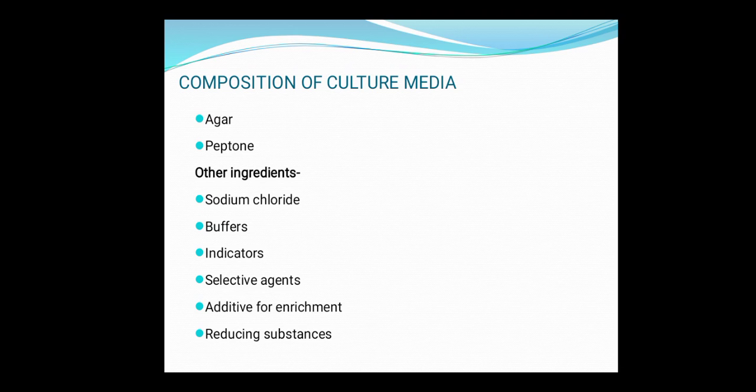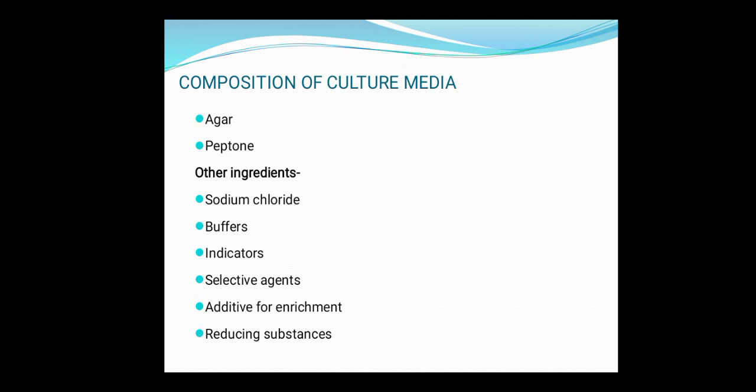This agar has a unique property of melting at 98 degrees centigrade and solidifying at 42 degrees centigrade, and it serves as a solidifying agent. This agar also does not have any nutritive value and is not affected by the growth of bacteria.